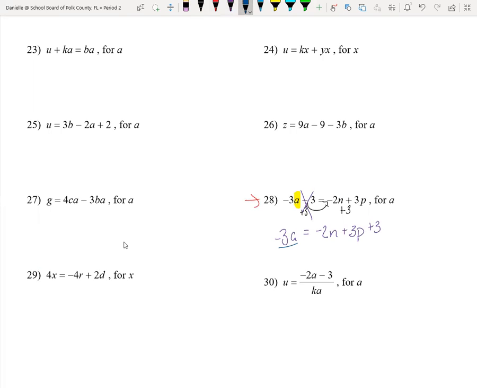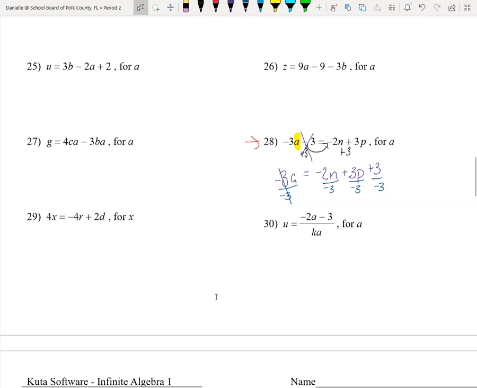And then again, I'm going to divide by negative 3 on each side. And as I look at this problem, I notice I have a negative divided by negative, so my negatives are going to cancel. I have a 3 divided by 3, so my 3's are going to cancel, and I have a 3 divided by 3, so my 3's are going to cancel.